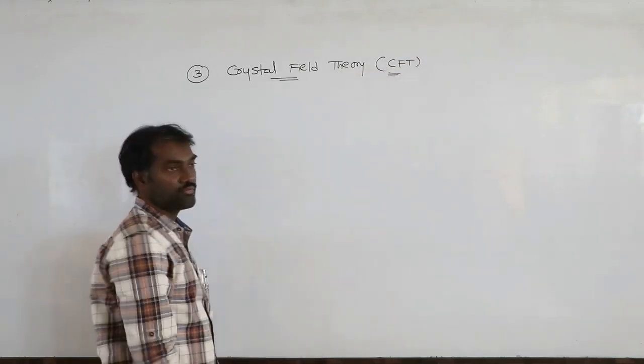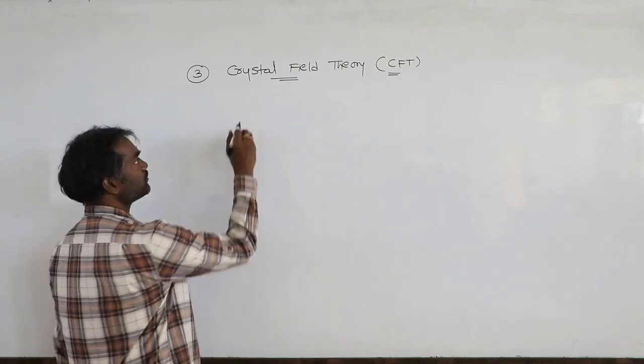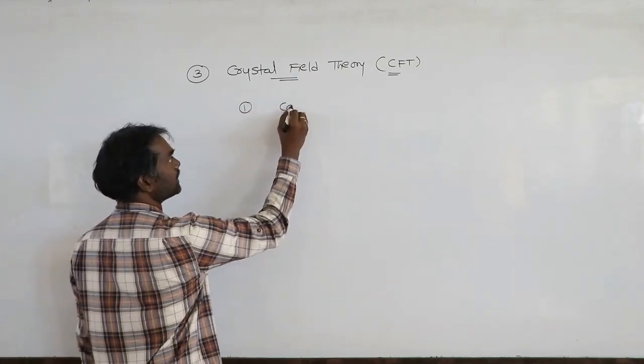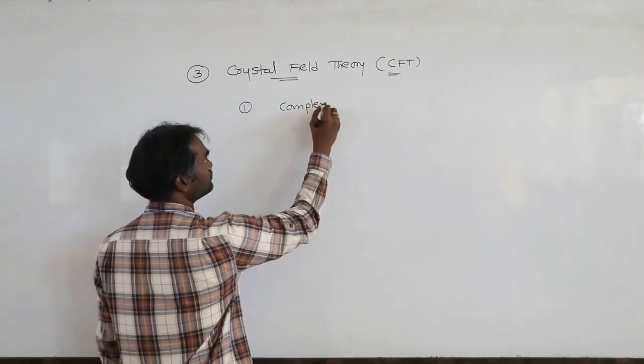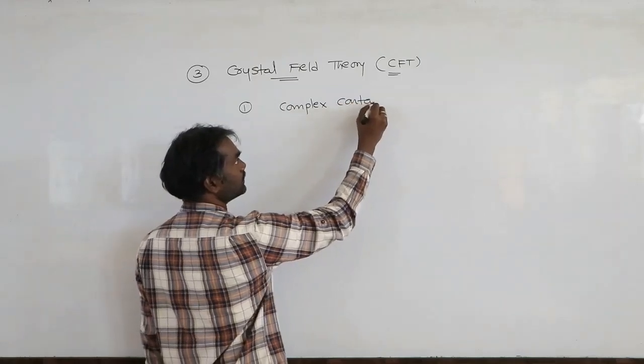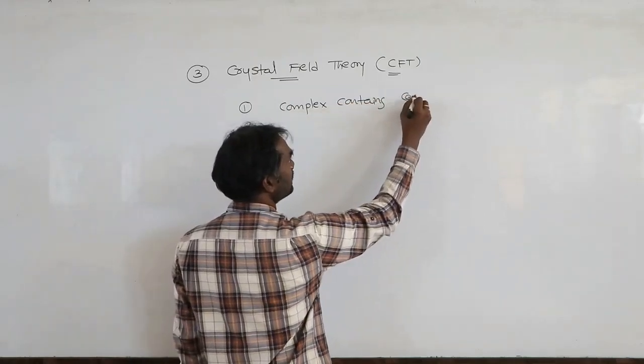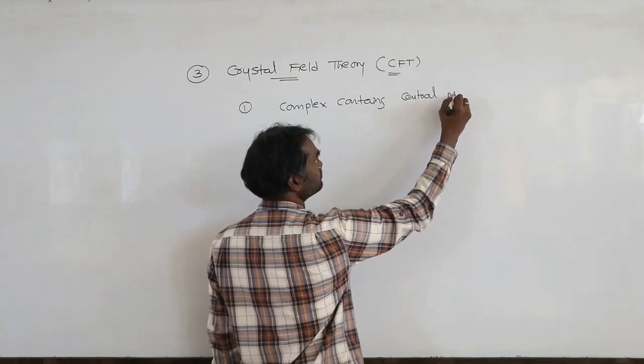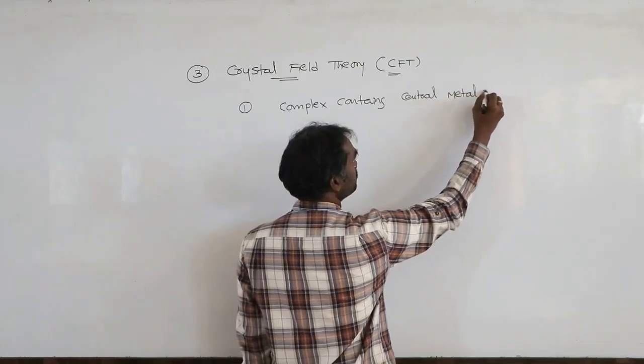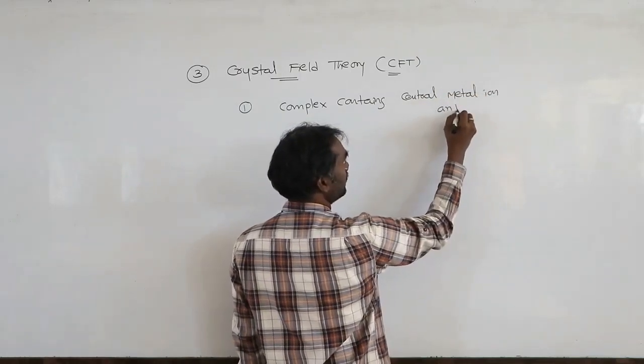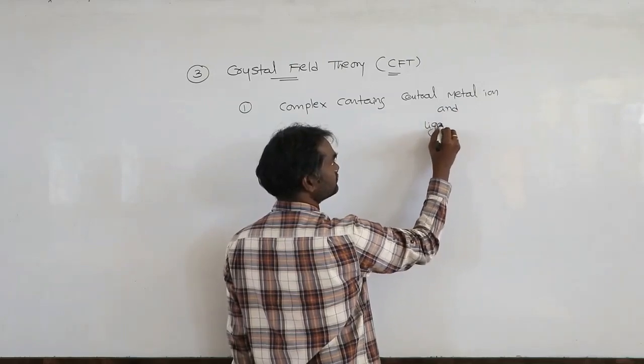One by one we will discuss. First point, a complex contains a central metal ion and ligands.